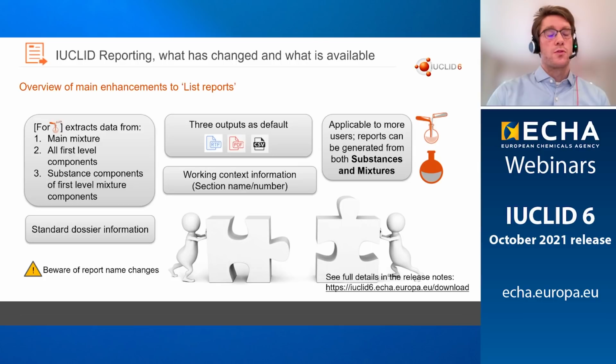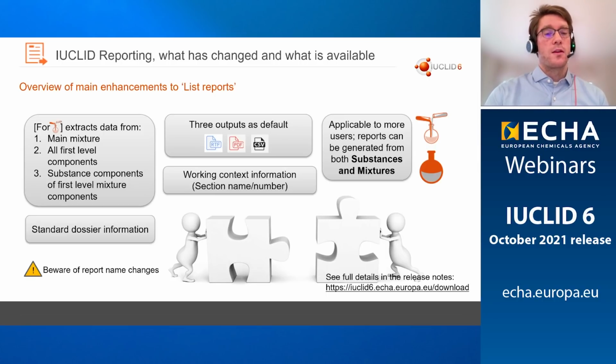And finally, for those who are extracting or generating these reports from a mixture, there are 3 levels of information that are extracted by default. This is information from the main mixture, all the first level components, and information from the substance components from the first level mixture components. So these 3 levels are extracted by default in all the list reports.